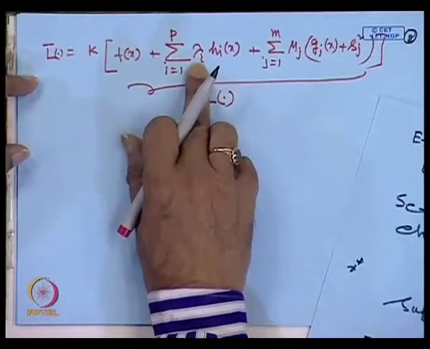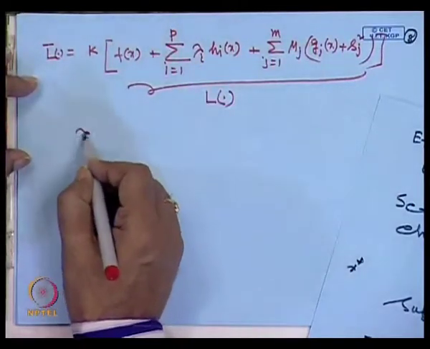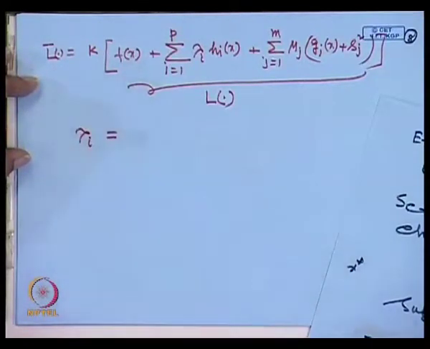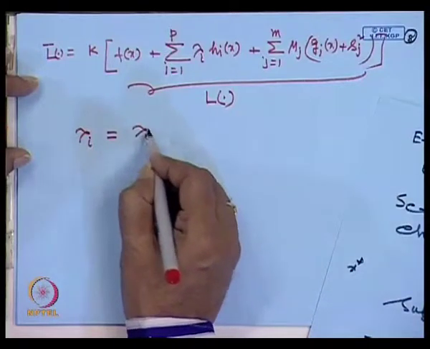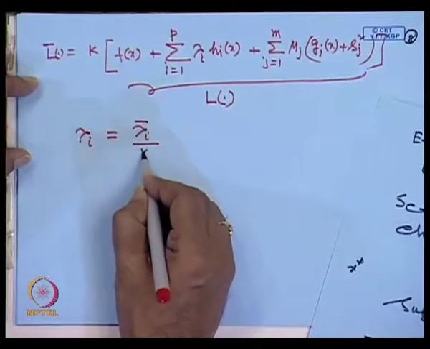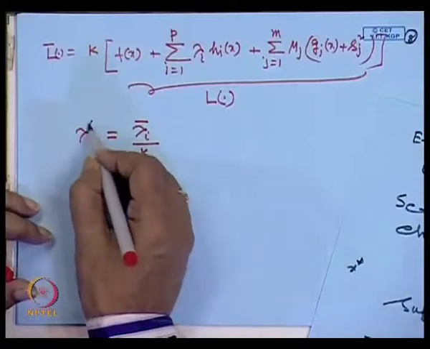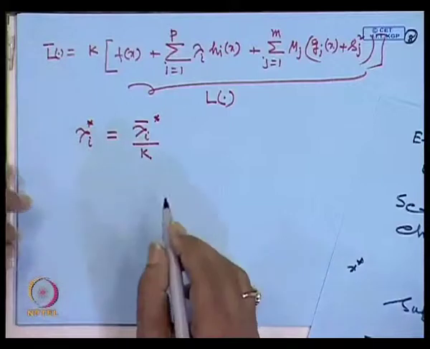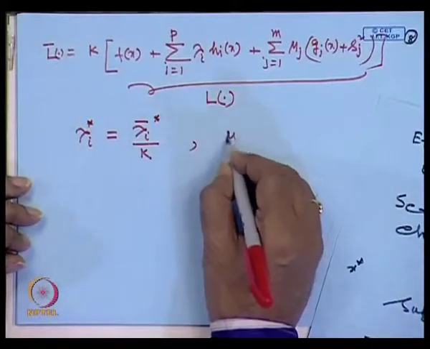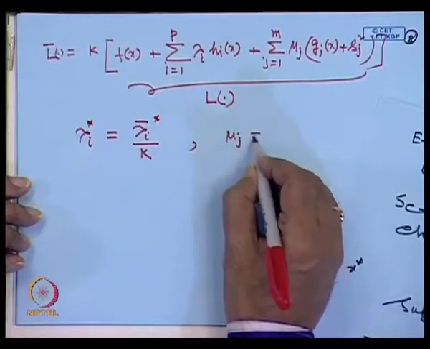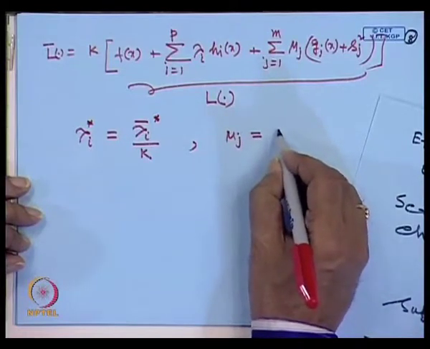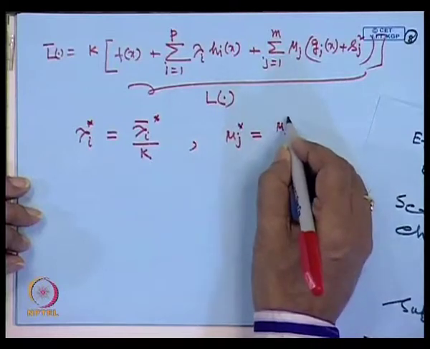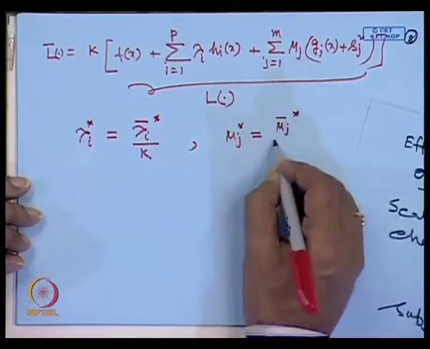For the old optimization problem, our Lagrangian multiplier is lambda i, and for the new system we got this one. Let us call this the optimum value, and this is also the optimum value of that one. Similarly, mu j star is equal to mu j bar star divided by k.